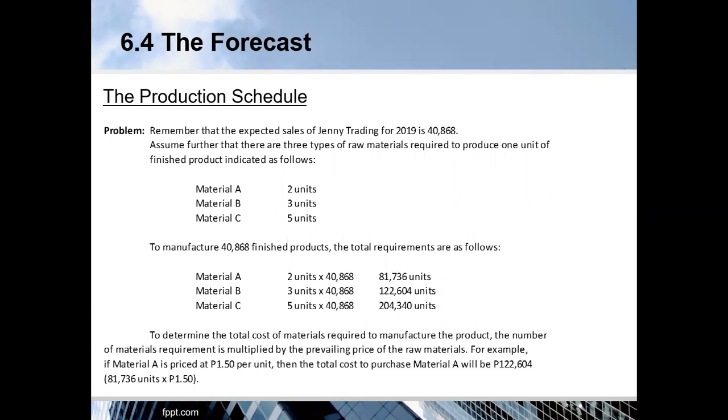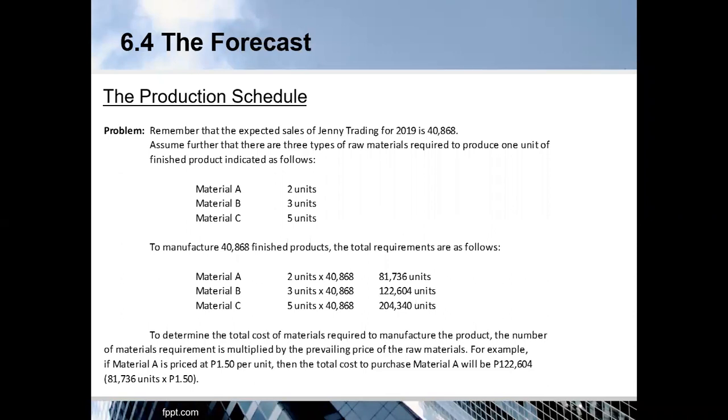Yung material B naman, this can be used for 3 units. Yung raw material C naman, we can use this for 5 units. So parang 3 raw materials is important to create 1 unit.